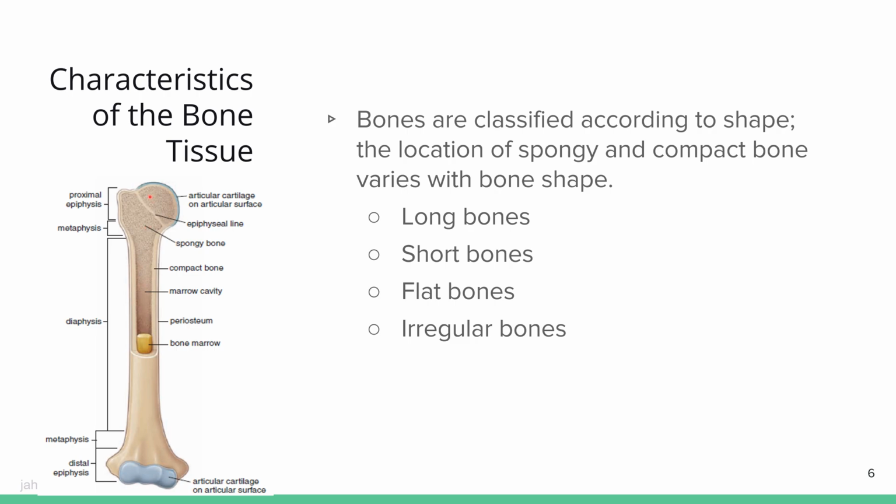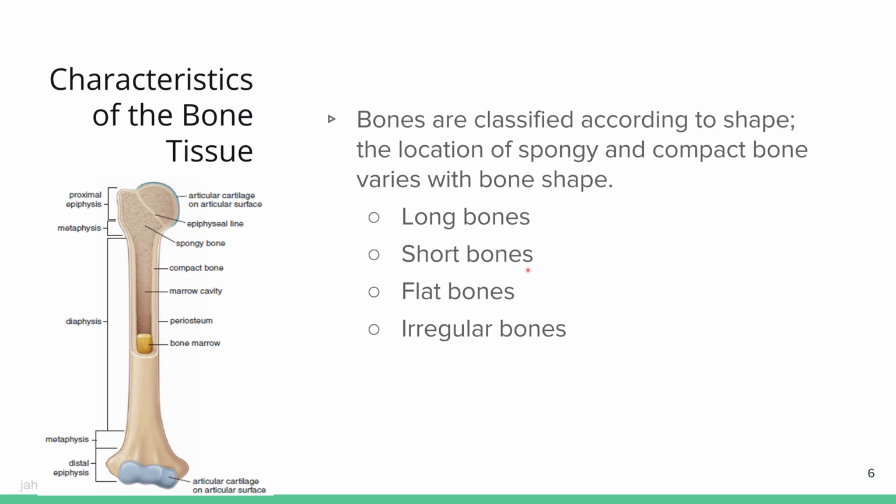The epiphysis is composed mainly of spongy bone and only a thin layer of compact bone, which serves as the outer shell.